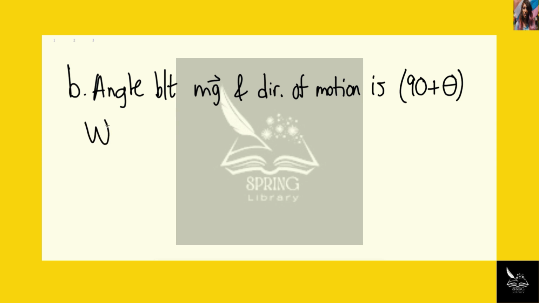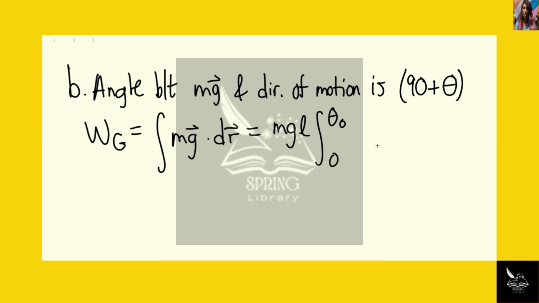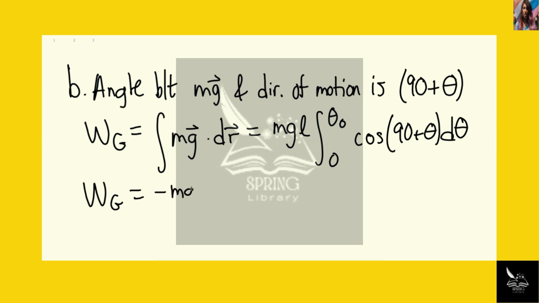So we can say that the work done by gravity is going to be equal to the integral of mg times dr. This will equal mgL times the integral from 0 to theta naught of cosine of 90 plus theta, again d theta. This cosine of 90 plus theta simply means that the work of gravity is going to be equal to negative mgL times the integral from 0 to theta naught of sine of theta d theta.